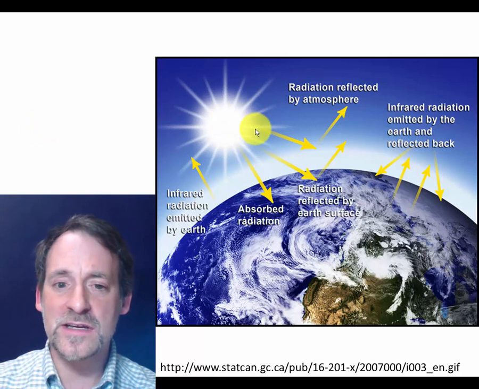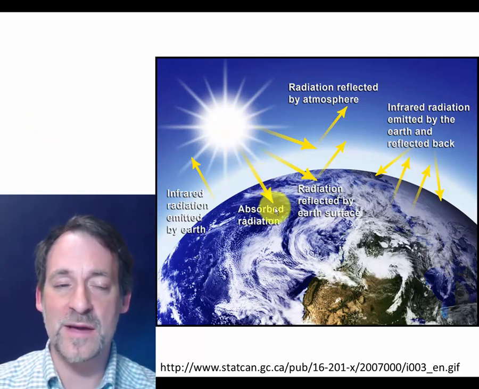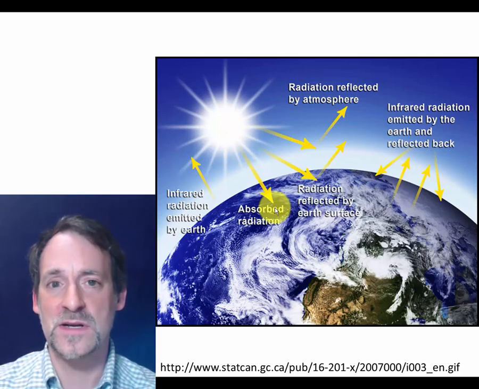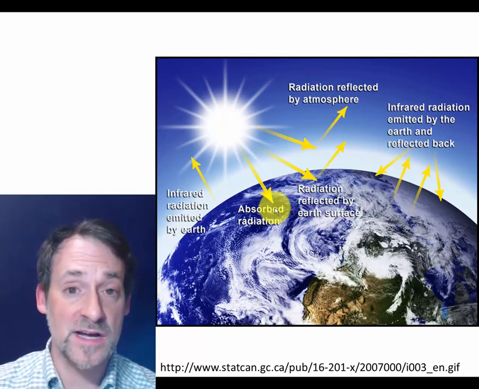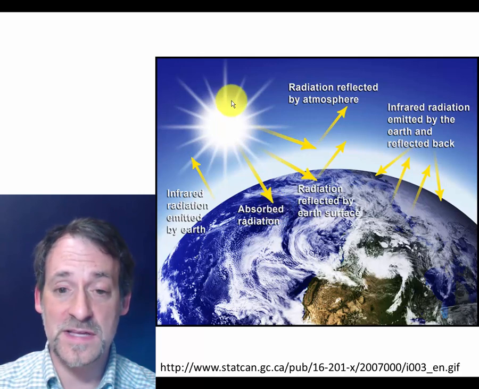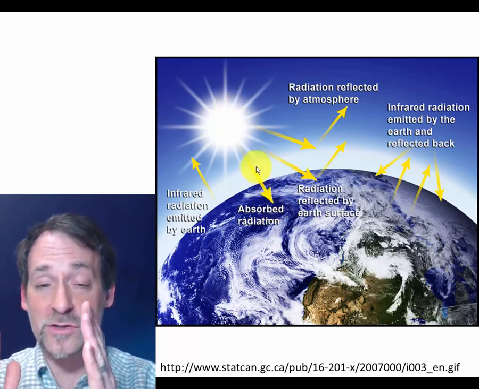But they're coming in a broad variety of wavelengths, and they make their way down through the atmosphere. Now, there are a lot of components, molecules in the atmosphere that block certain kinds of radiation. So some of the gases in the atmosphere are very effective at blocking particular wavelengths.